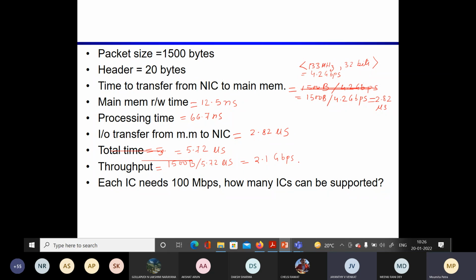Okay. So the throughput part is done. Now there is the last question. Suppose the NICs that you have put in this system need a 100 Mbps data rate. Given that the throughput this system can give is 2.1 Gbps, that is the switch throughput, and your NICs are 100 Mbps cards, how many NICs can this switch support?